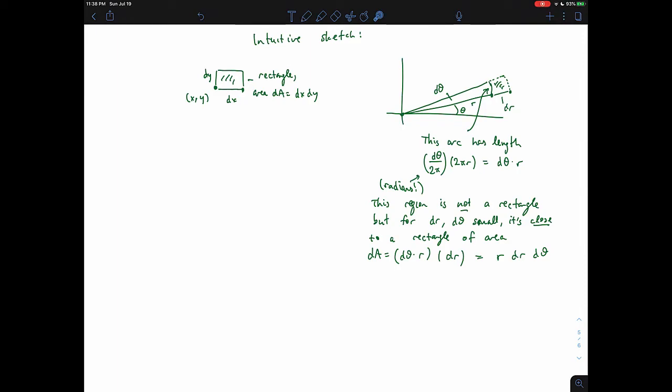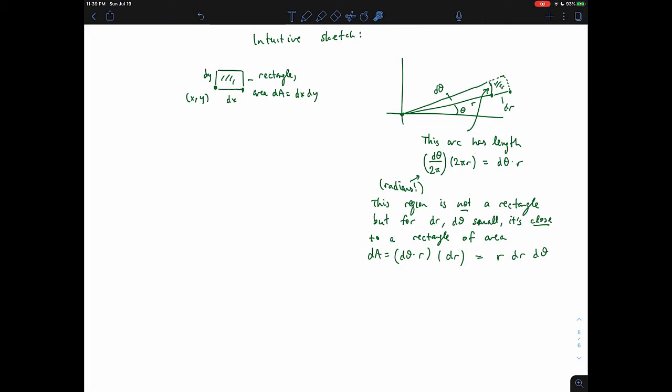I'm being a little bit loosey-goosey about pretending that things are rectangles that actually aren't, but this is a sketch of the intuitive idea. We can be a little more careful by working out the area of the sector to the outer circle and then subtracting the area of the sector that only goes to the inner circle. That gives a more careful accounting of the area, and we'll get the same result.